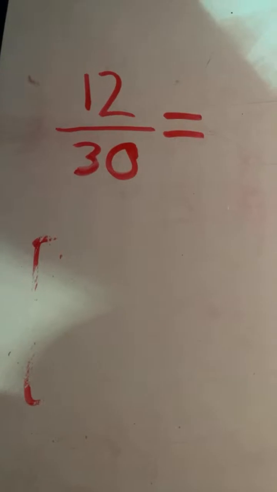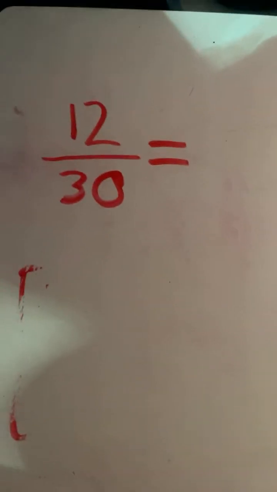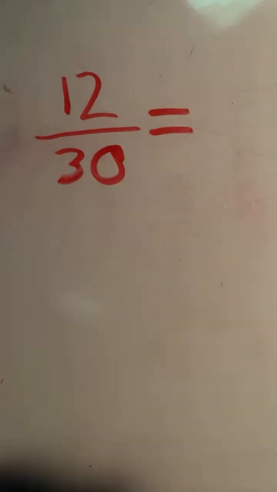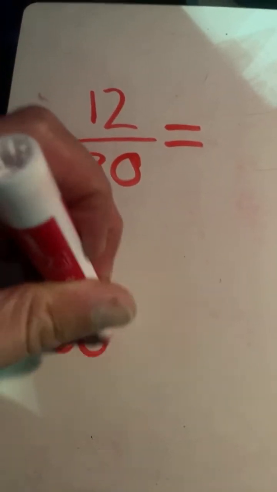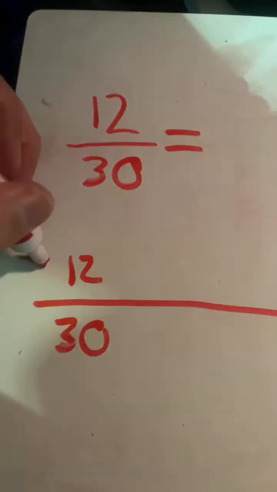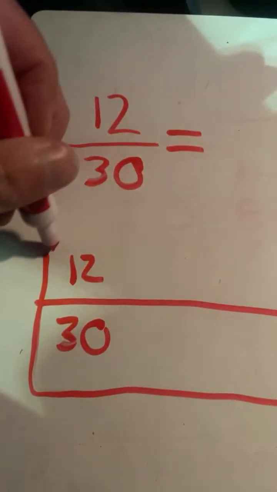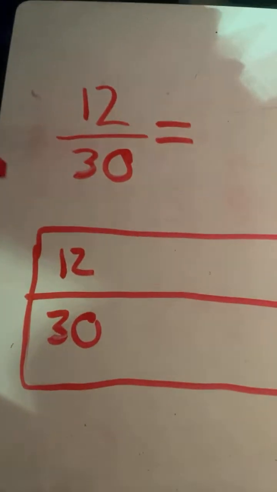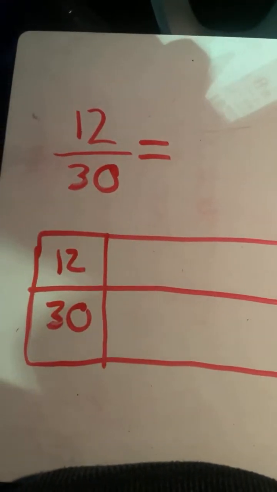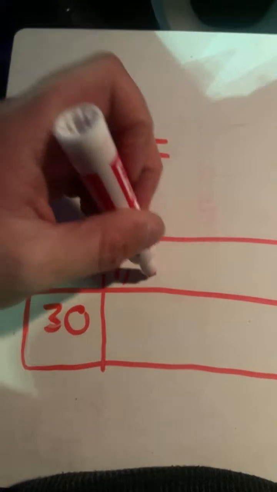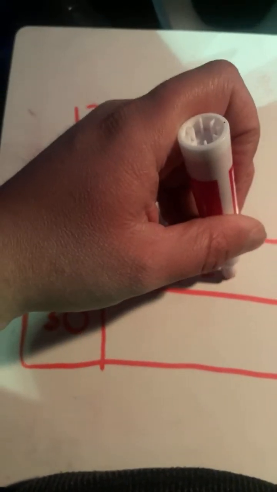So next fraction that we're going to reduce to lowest terms, 12/30. So again, I'm going to find all the common factors between 12 and 30. So factors of 12, we have 1, we have 12, we have 2, we have 6.